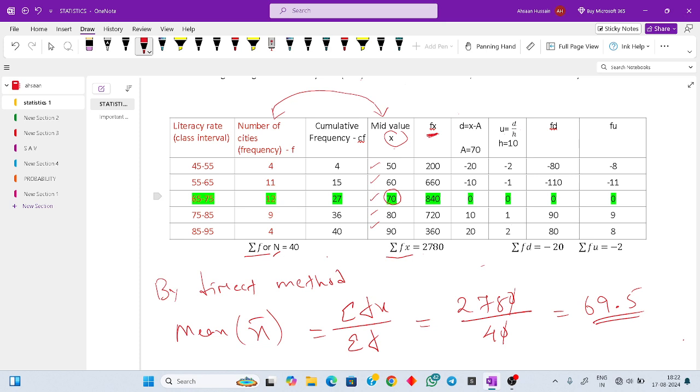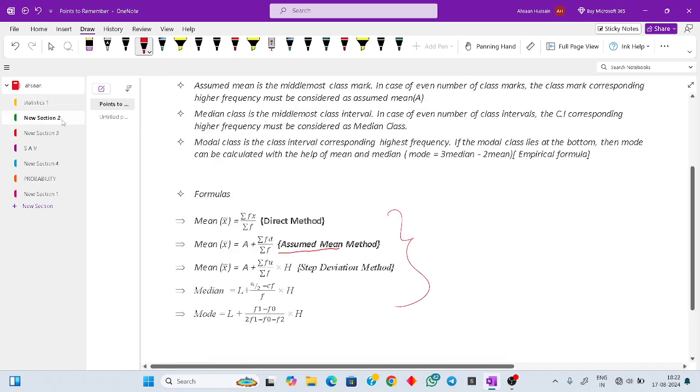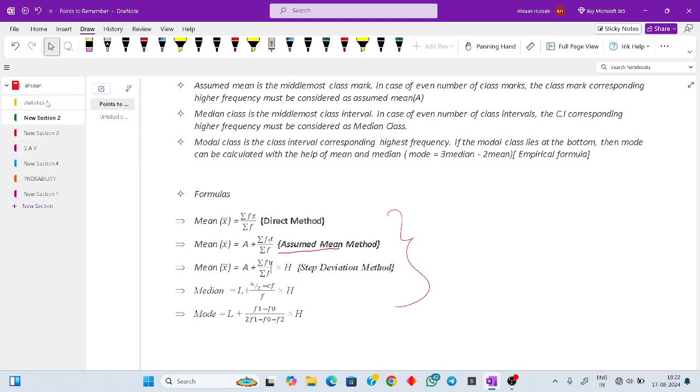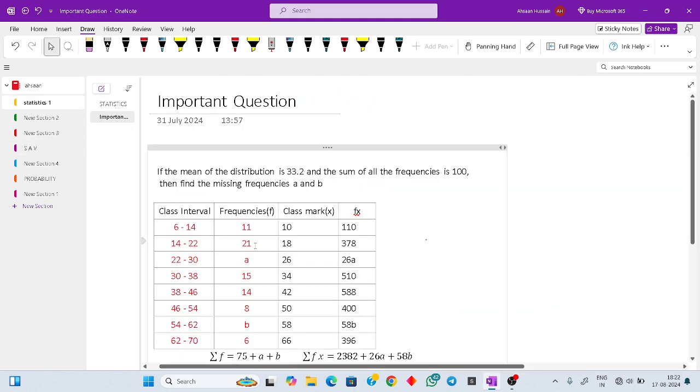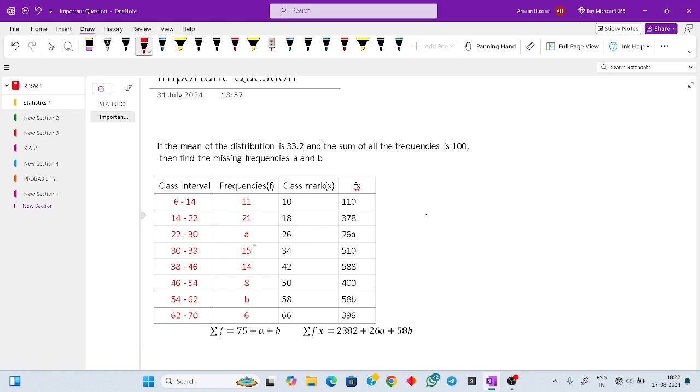Now the question arises: what if there are an even number of rows? Like what if there are 6 rows or 8 rows or 4 rows, not 5 or 3 rows? See this, how many rows are there? 1, 2, 3, 4, 5, 6, 7, 8, right? So there are 8 rows, isn't it?